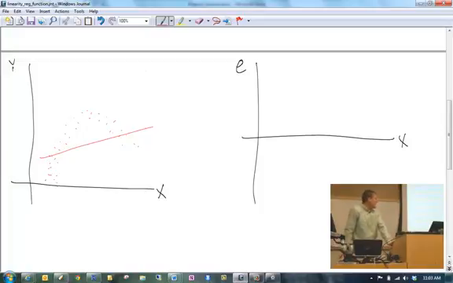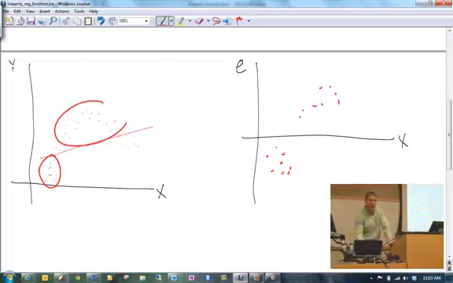So what do you think about here? What do you think the residuals versus x is going to look like? Is it going to be a random scattering of points? No. But what kind of trend or pattern should we see in the residuals versus x plot? You're going to see some negative ones down here, and then some positive ones up here because of what you see here, and then some negative ones again down here.